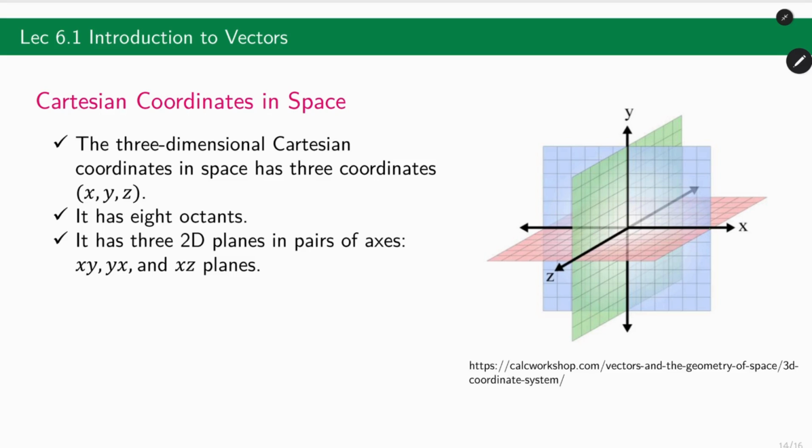It has three two-dimensional planes formed by pairs of axes. The color green, this is the YZ plane. The color blue, that is the XY. And then the flat one, the color pink or red, is XZ. Those are the two-dimensional planes that can be formed using the axes.